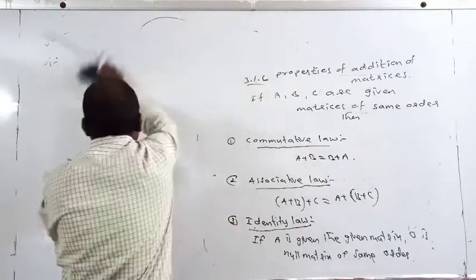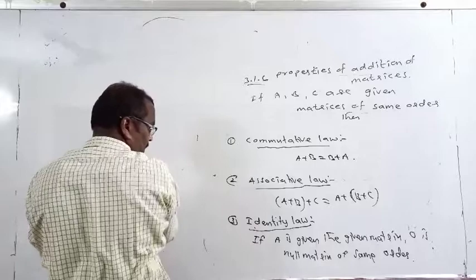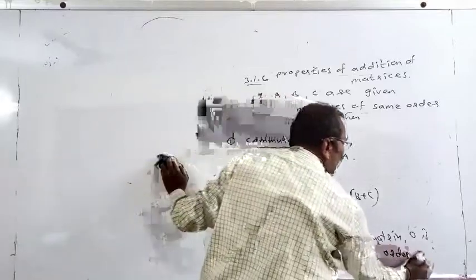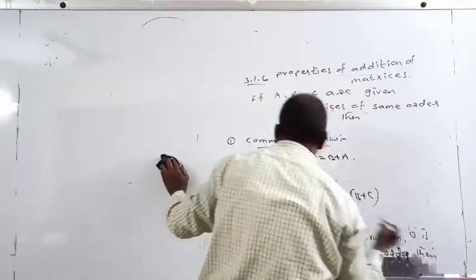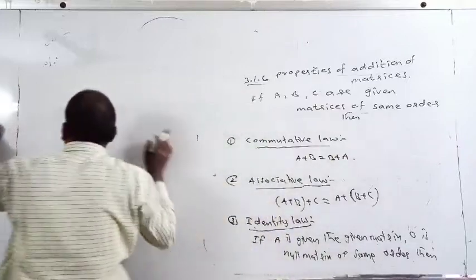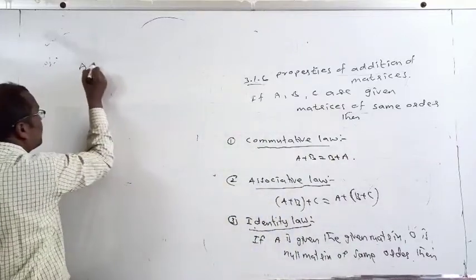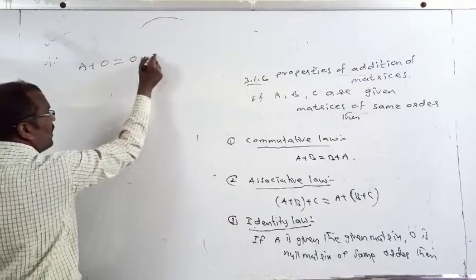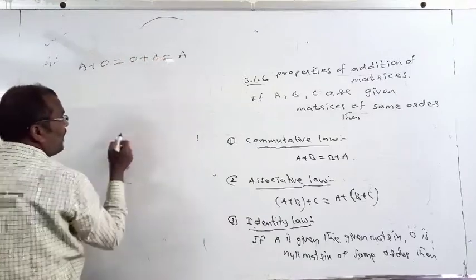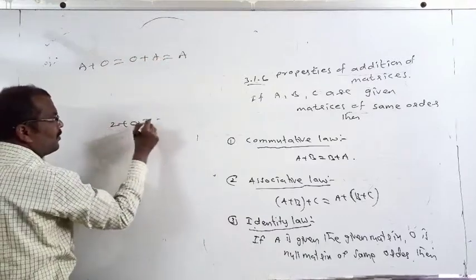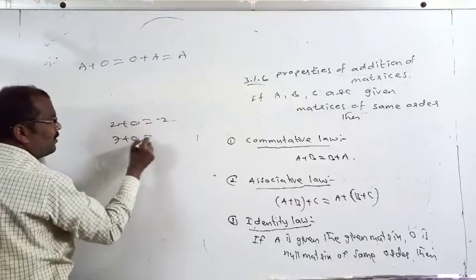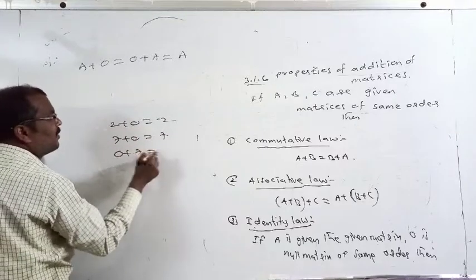So see this one now. Then A plus O is equal to O plus A, equal to how much? A. See this one: 2 plus 0 equal to 2, 7 plus 0 equal to 7, 0 plus 7 equal to 7.